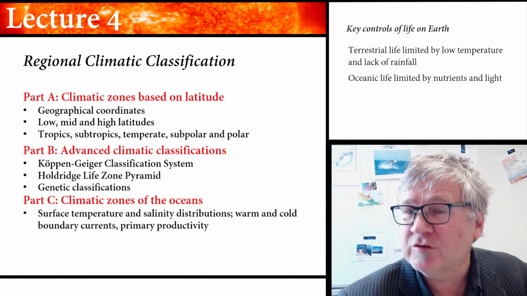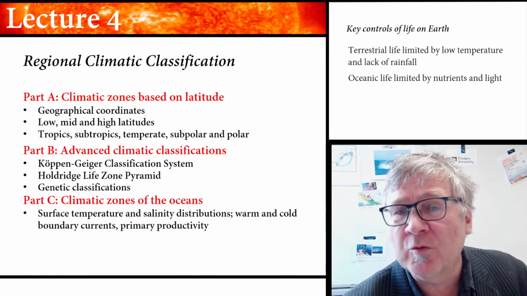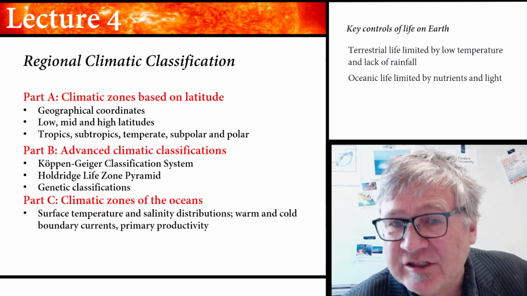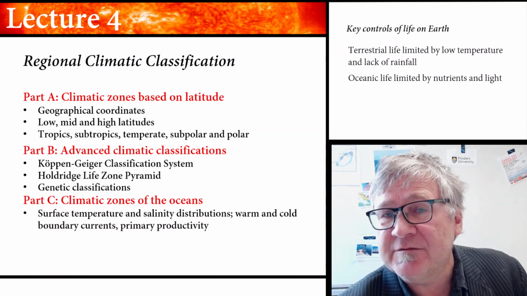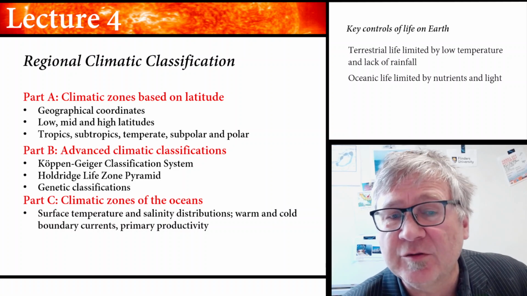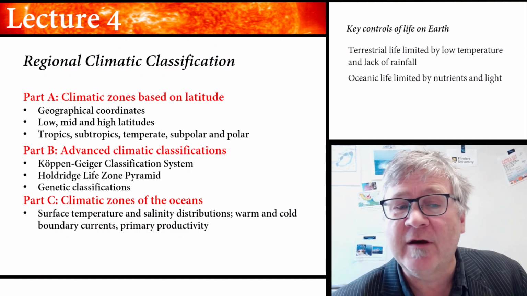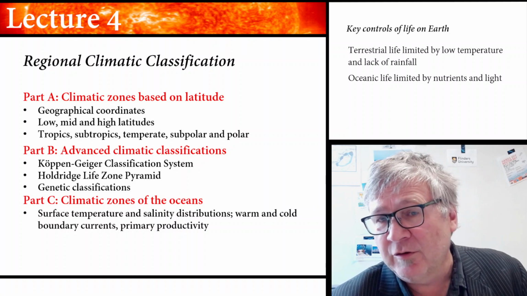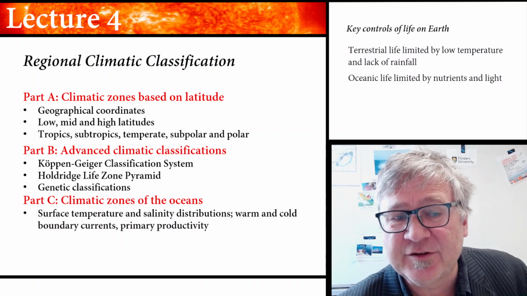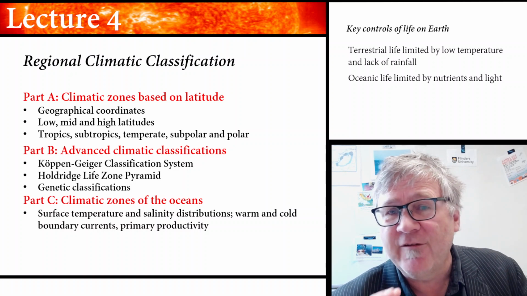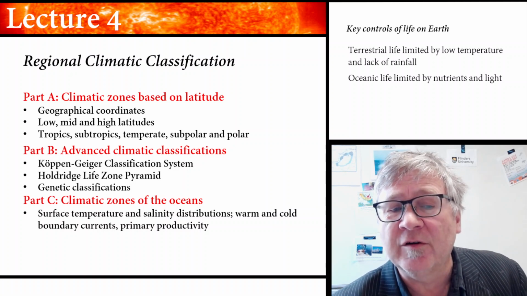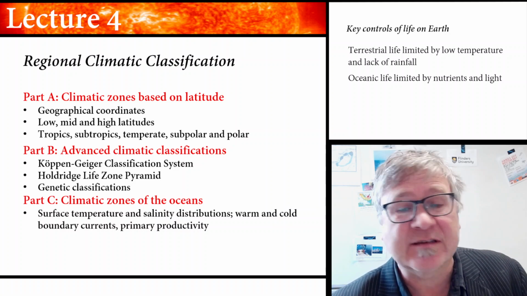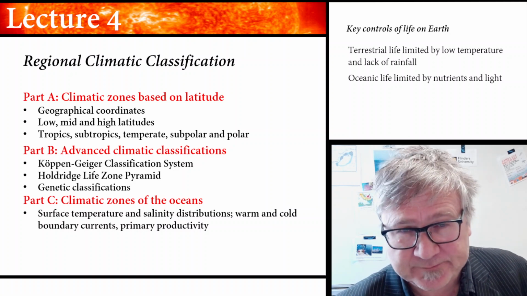That follows the idea that the average solar radiation that the Earth receives depends strongly on latitude. Then we can define low, mid, and high latitudes. Indeed, we can define the northern and southern hemispheres as well, and we can do a very coarse definition of tropic, subtropics, temperate, subpolar, and polar climates.